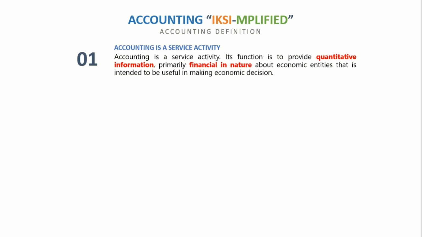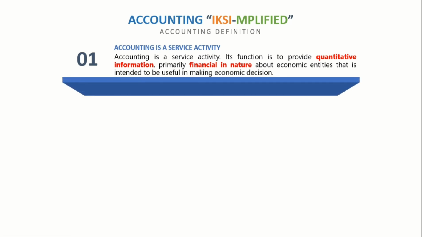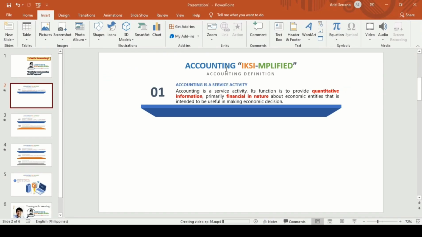If you are starting up a business, there are certain transactions that involve money, either an inflow or outflow of cash. Transactions are financial in nature. That is why we have to account for what is happening. So this is where accounting comes in, and this is the first definition.